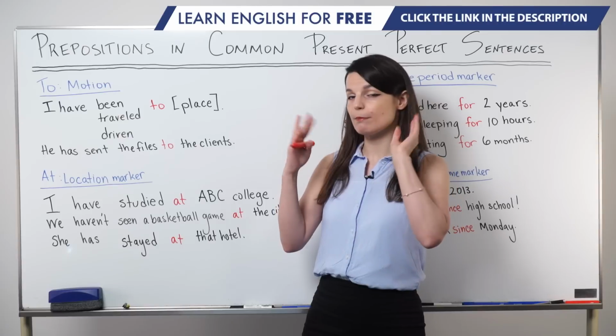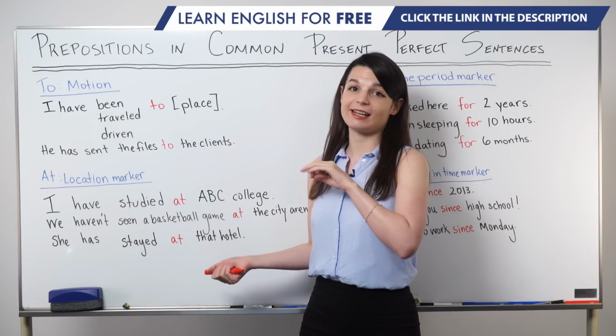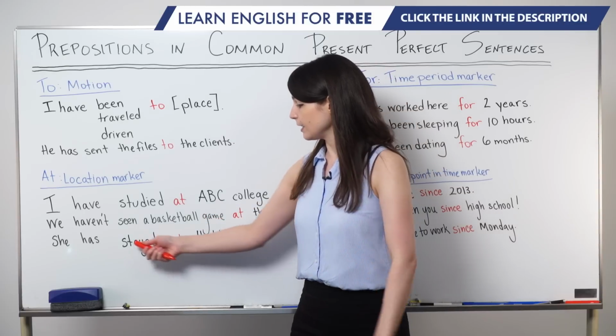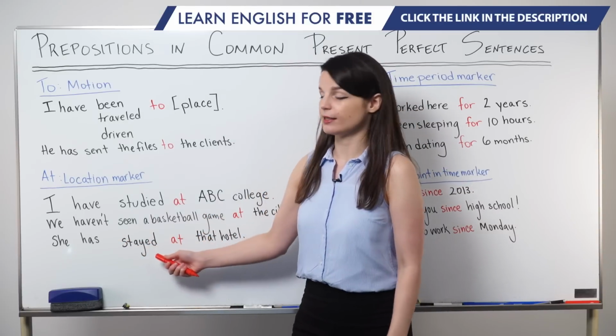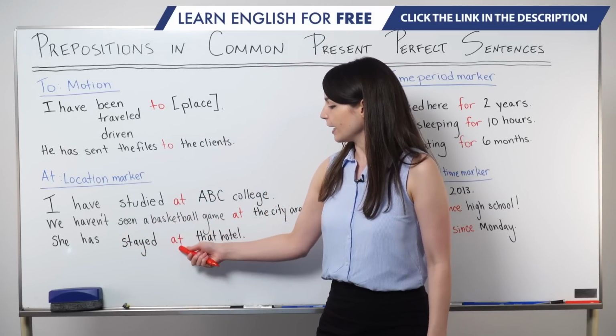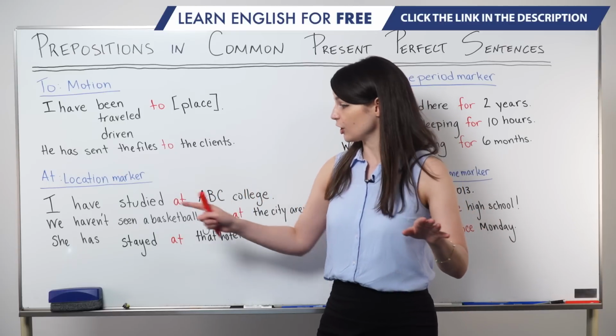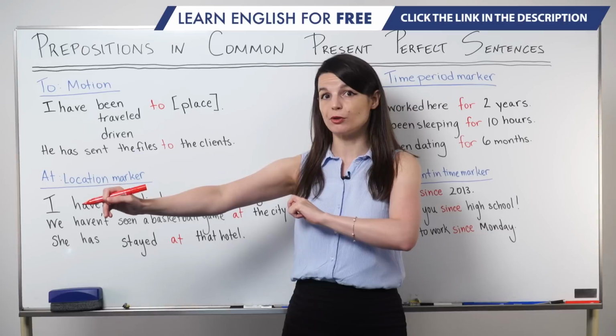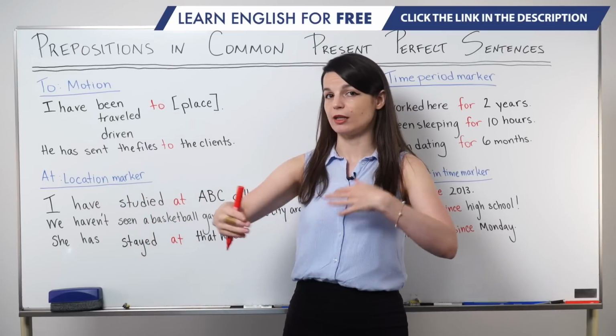And the follow-up might be, yeah, she has stayed at that hotel. So a specific hotel here. Again, this is the action, staying. Staying is the action. We mark it with at. So we cannot use to here. She has stayed to that hotel is incorrect because to marks motion. Stay is not a motion, it is not a movement.